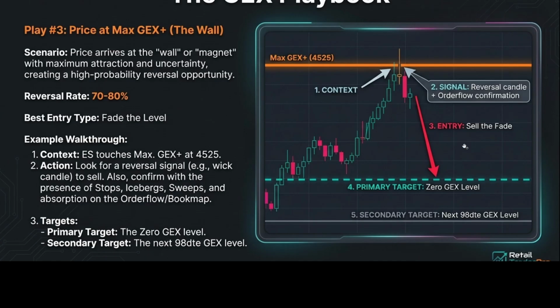For example, here, if you took an entry with 2 or 3 contracts, maybe you can close 1 or 2 positions here, or the entire position here, because the 98 GEX level here is very, very important. Depending on the session, this level adds very good support, even to take a long position.